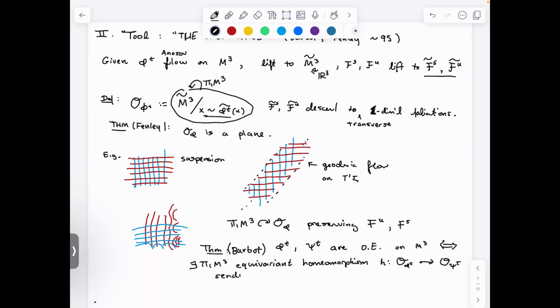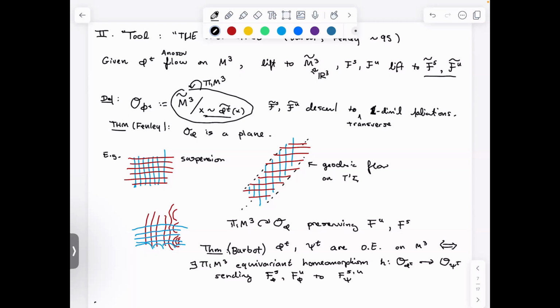So it's sending the foliations for one, maybe I'll decorate with some subscripts, to the pair of transverse foliations. I'm allowed to swap them because I'm allowed to sort of reverse direction. But I send the pair to the pair.